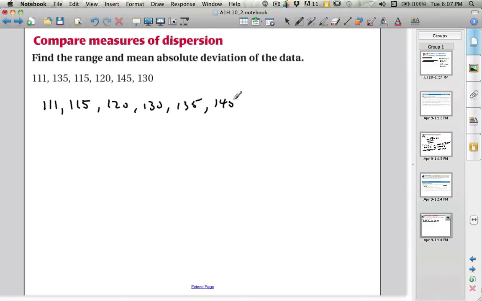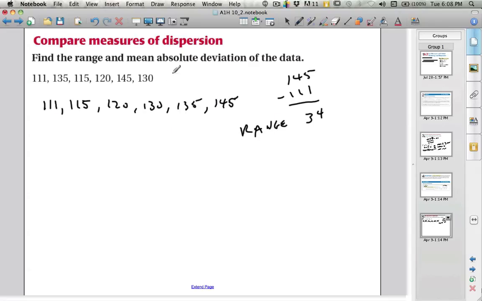Now the range is going to be 145 minus 111. So my range here is 34. So all of my data exists between 111 and 145. In this set of 34 numbers is where my data exists.